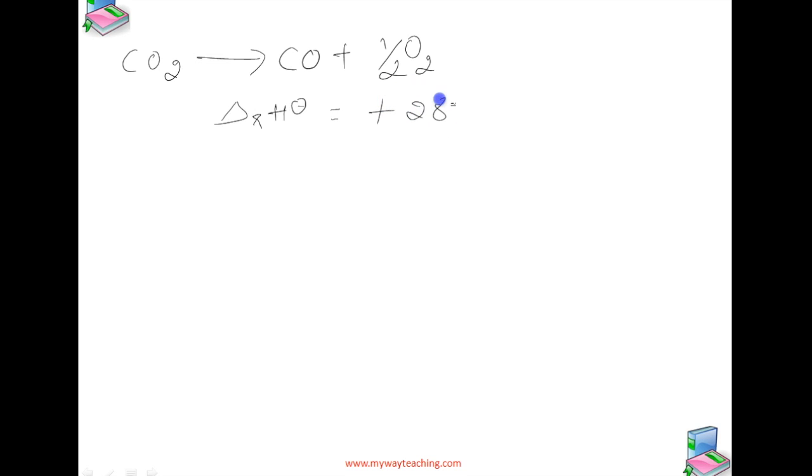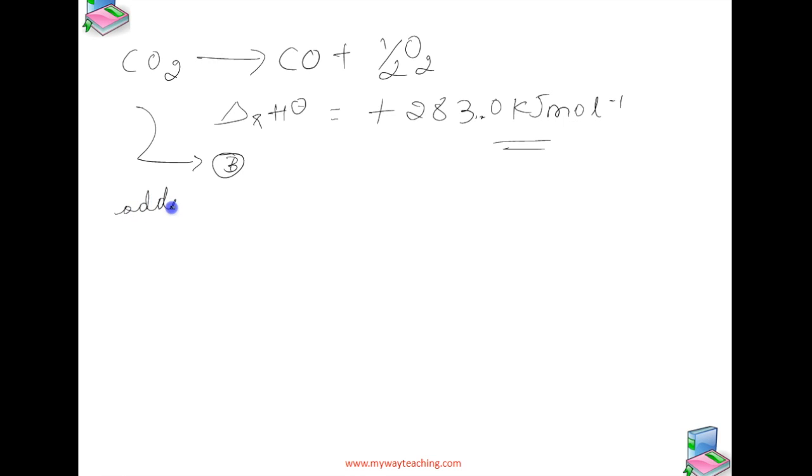In this, heat is absorbed, so reversing it gives plus 283.0 kilojoule per mole. We call this equation 3.